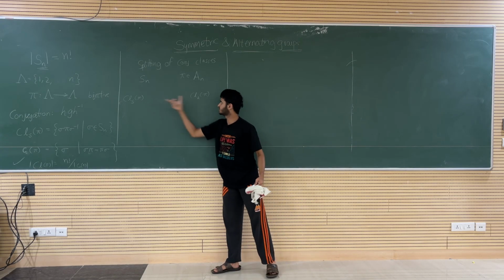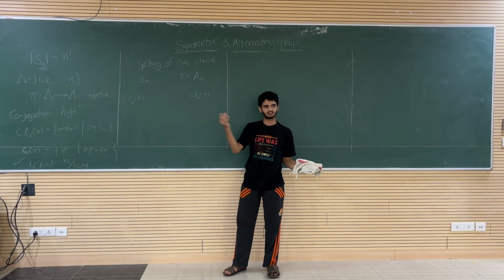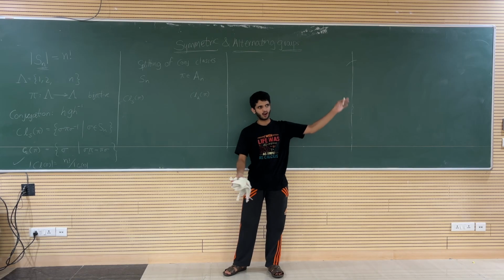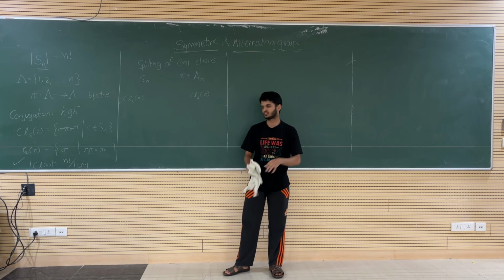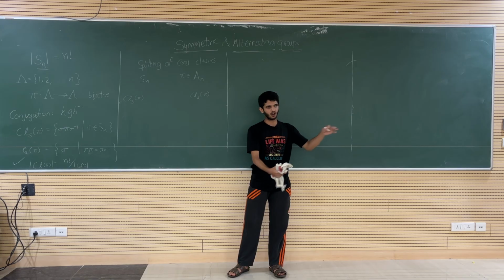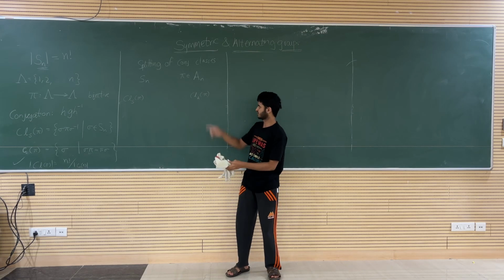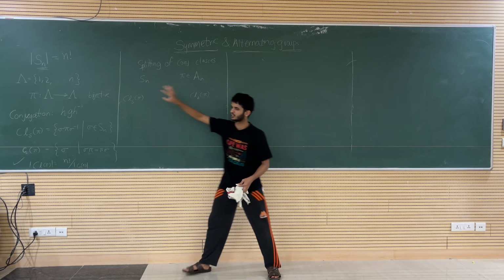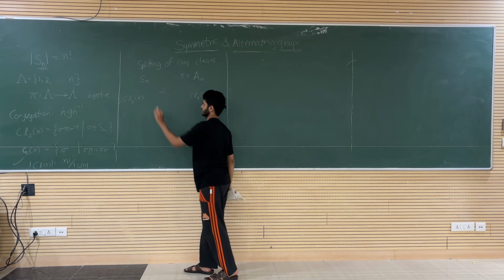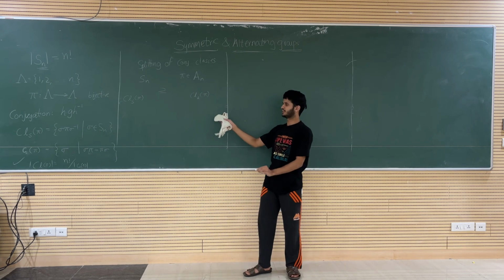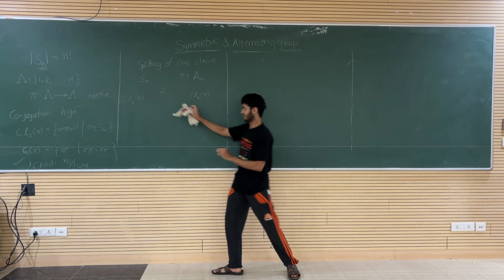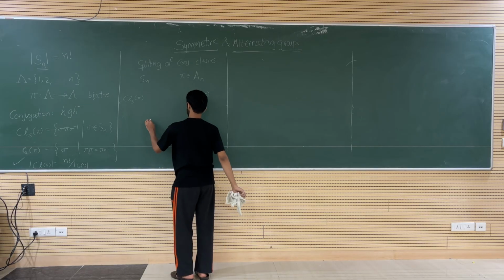This is a superset, this is a subset. Why is that so? You have pi, take all elements in S and do conjugation. Here you have pi, take all elements in A and conjugate. So clearly all the elements you get here will be here. So this is bigger than this, and it may be equal also. That's the first observation.